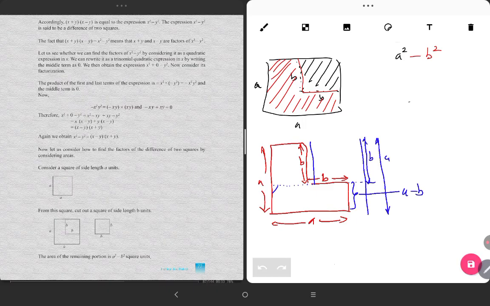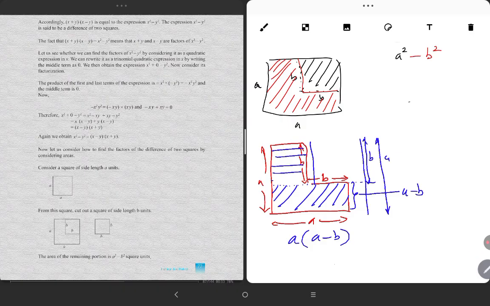So what is the area of this then? We know the width, which is a minus b. We know the length, which is a. So it is a times a minus b. Okay, and then finding the area of this part up to here, this square.